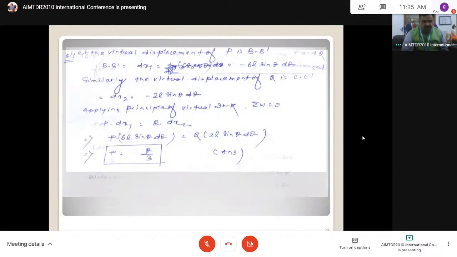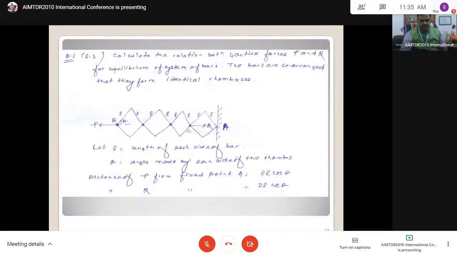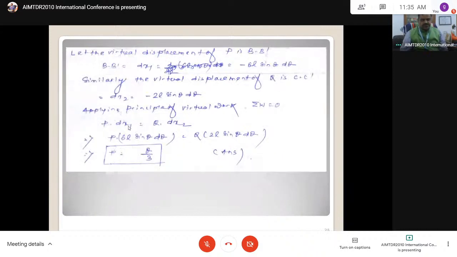Now calculate the vertical displacement of P. B moves to B dash, A moves to A dash. That is the vertical displacement. x is equal to 8L cos theta.